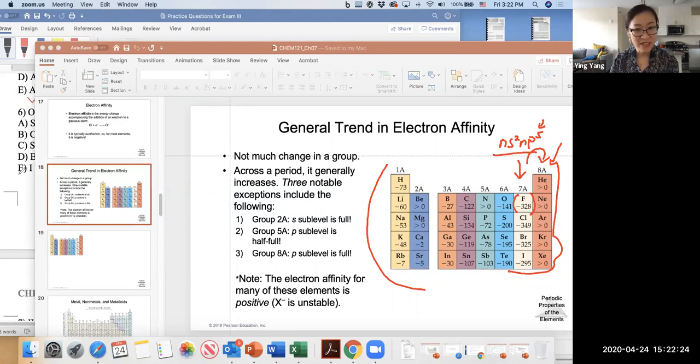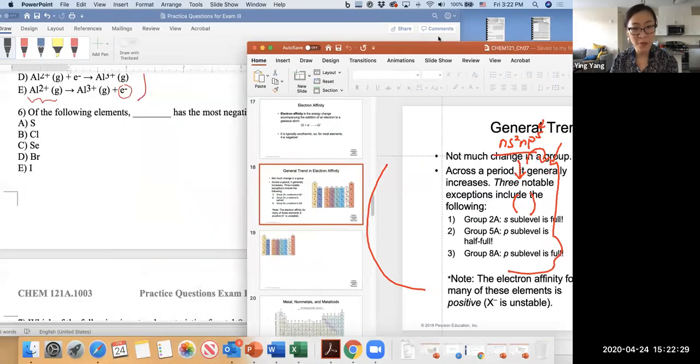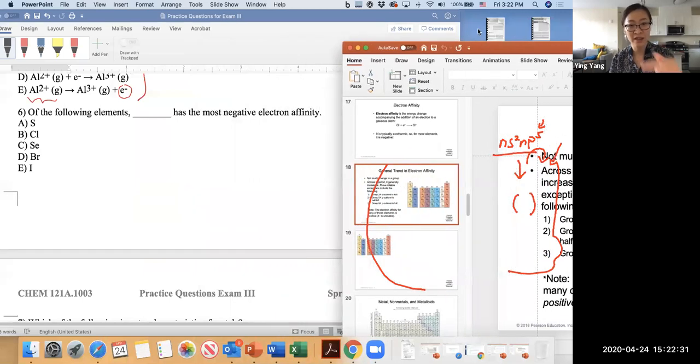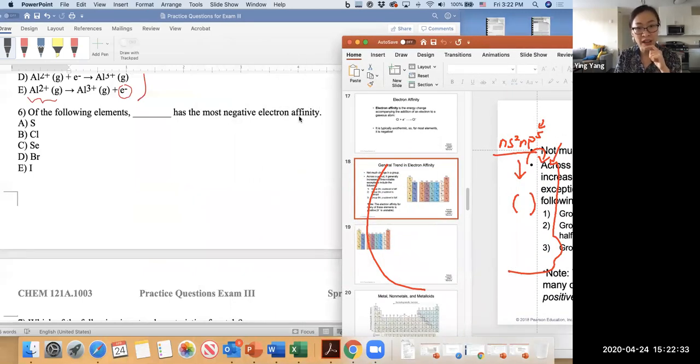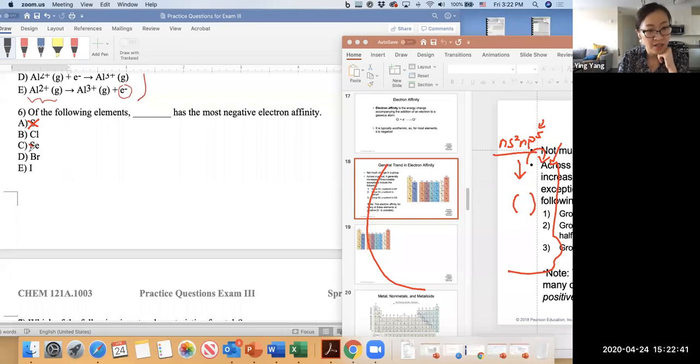So going back to this question, now you are able to determine which one has the most negative electron affinity, given these elements. If I look at this question, I will first rule out these 2, sulfur and selenium, because they are in the oxygen group, and we know these 3, which belong to the halogen group, will have the most negative electron affinity.